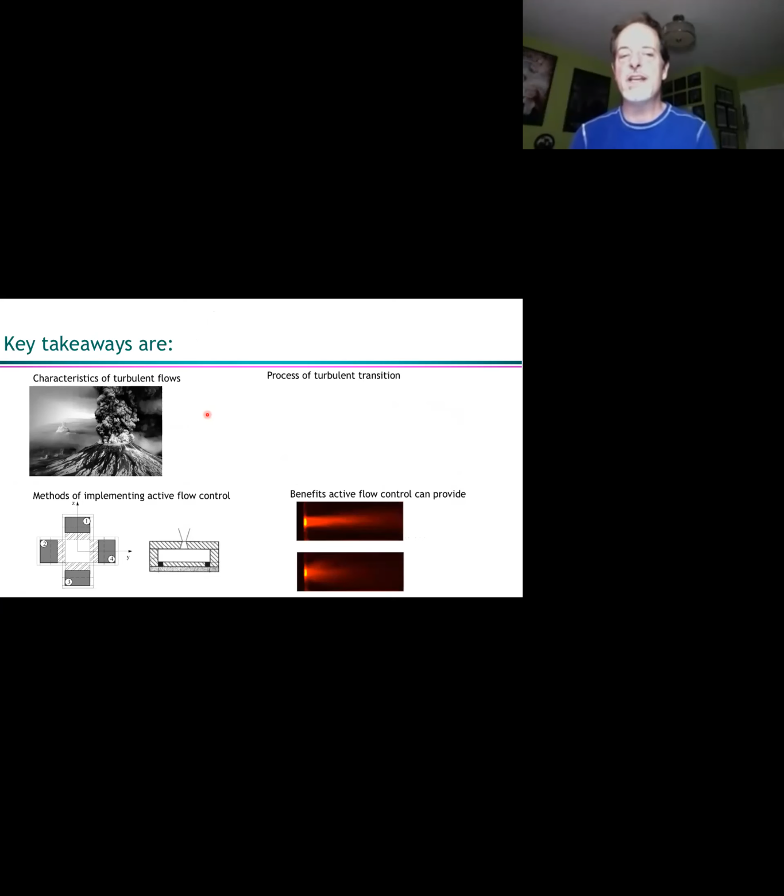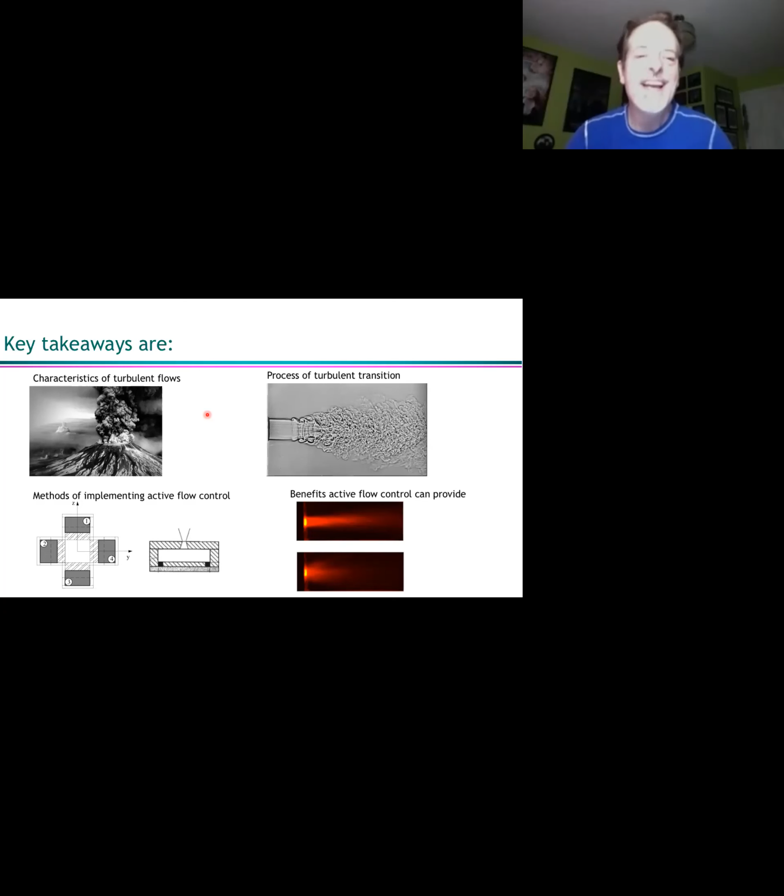I do want to just reinforce some of the key takeaways. We talked about the characteristics of turbulent flows. They're three-dimensional, they're multi-scale, they have good mixing, and they have shear. We talked about the process of turbulent transition, where you have laminar flow that goes to 2D instabilities, to 3D instabilities, turbulent bursts, and then full turbulence.